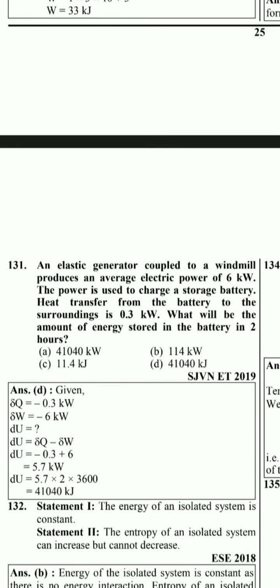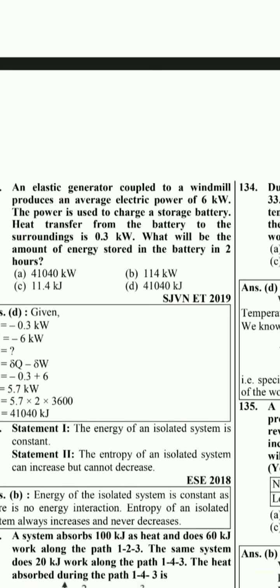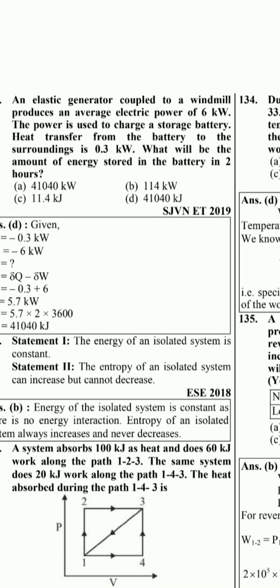And next question, that is question number 131. An electric generator coupled with a windmill produces an average electric power of 6 kilowatt. This power is used to charge a storage battery. Heat transfer from the battery to the surroundings is 0.3 kilowatt. What will be the amount of energy stored in the battery in 2 hours?